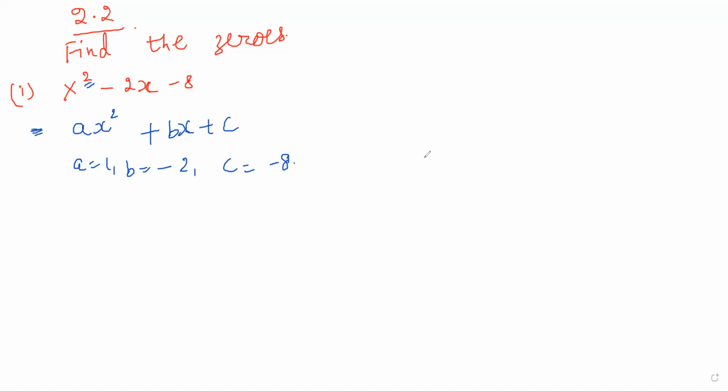So now what we have to do? Find AC, that means a into c, that is 1 into minus 8, which is equal to minus 8. So now you have to take any two numbers. How to take the numbers?